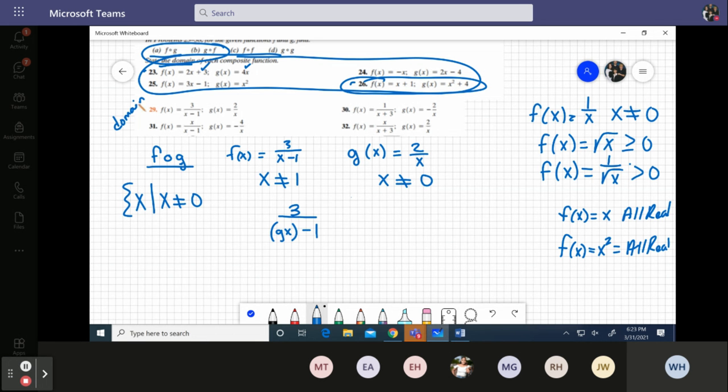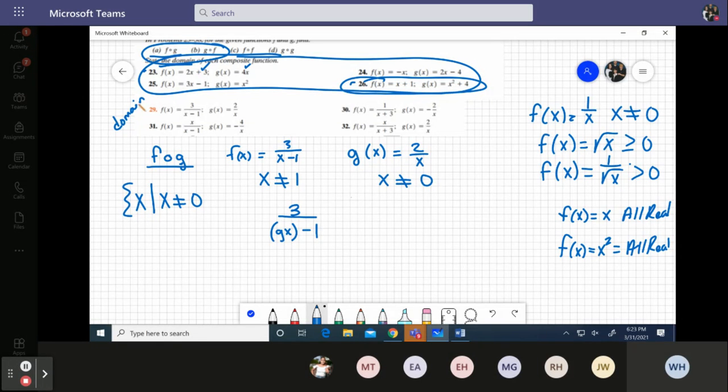So what number cannot be here? A 1. So what g of x cannot equal? A 1, right? This g of x, this x over 2, it can't be a 1. Because if I have a 1 sitting here, then it's going to be 0.